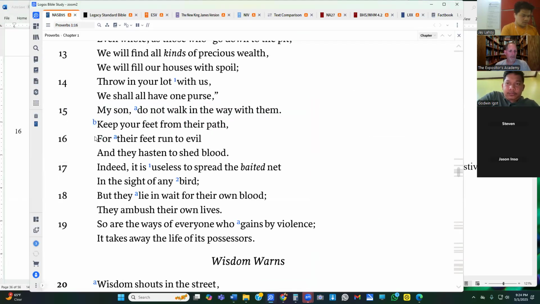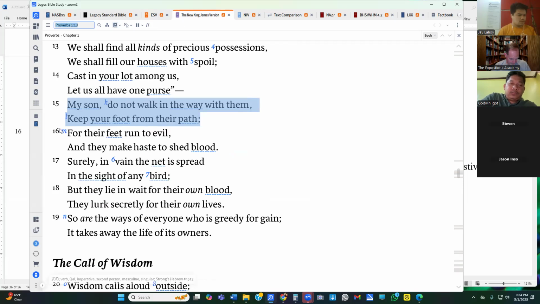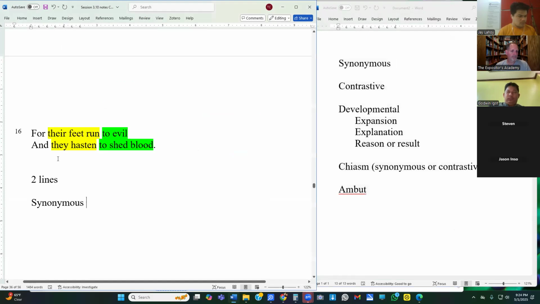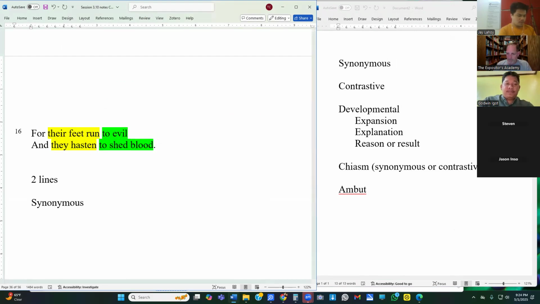The New American Standard on verse 16, 2 lines. ESV, 2 lines. New King James, 2. So it is 2 lines. Synonymous. They hasten. Yeah, and I already highlighted for you, so I kind of gave you a little hint. So their feet run, they hasten. To evil, to shed blood. So yeah, that's synonymous.